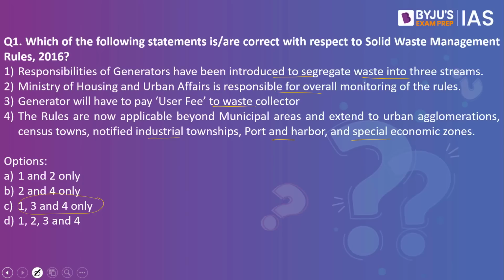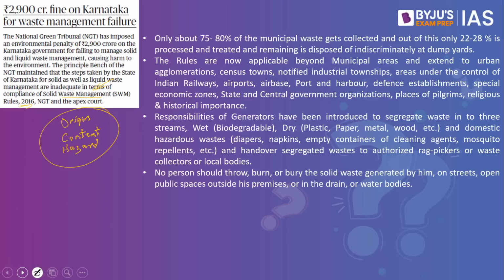If we look into the second statement, it is not under the control of the Ministry of Housing and Urban Affairs, but instead it is the Ministry of Environment, which is why the second statement is wrong. When you look into the first statement, yes, responsibilities of the generators have been introduced to segregate waste into three streams. Which are these three streams? One, wet, which is biodegradable.